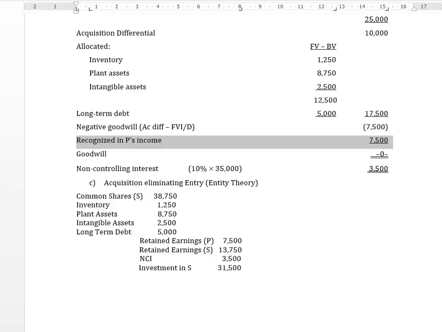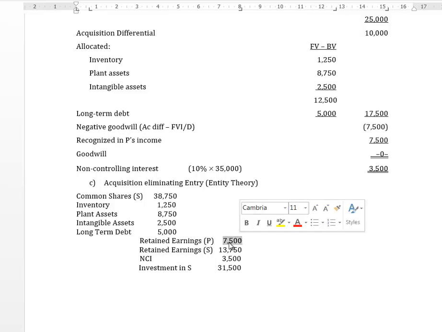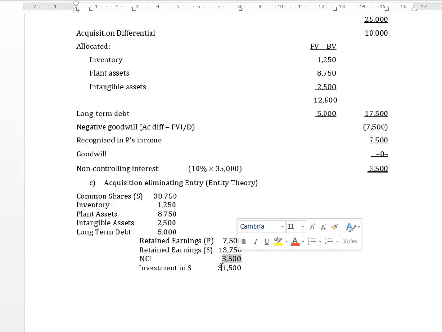So in other words, you can't do consolidated statements until the separate entities have done all their separate entity statements. And that includes the closing process that P would go through as well as S. So when P closed out that gain of $7,500, they would have closed it out to the retained earnings. So you need to make sure that on the consolidated worksheet, we pick that up going into the retained earnings of the parent, right? We have our NCI that we're going to set up.